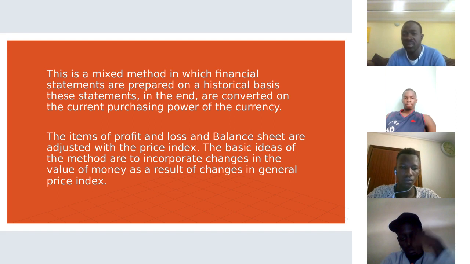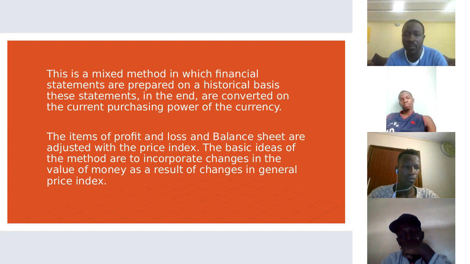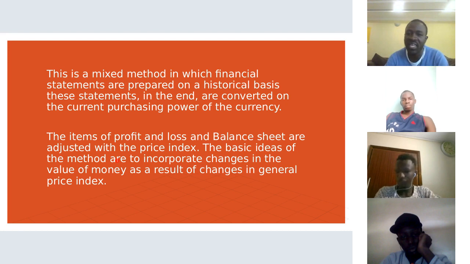Assume that you are using maybe Kenya shillings to maybe buy some US dollars and so on. So that is what we mean by currency. Now, the items of the profit and loss and balance sheets are also adjusted. So we will adjust every item, both the monetary and the non-monetary items.